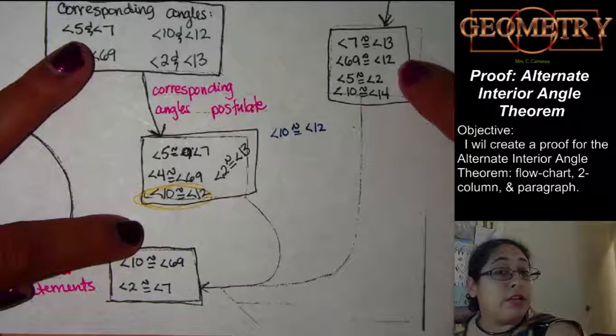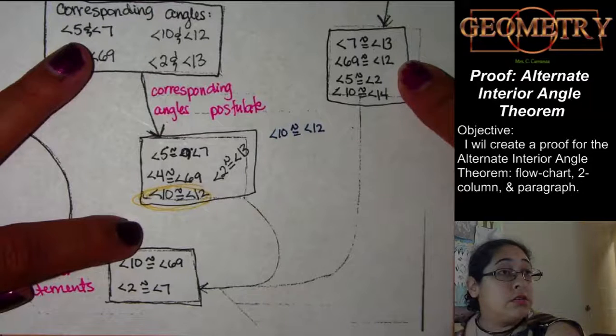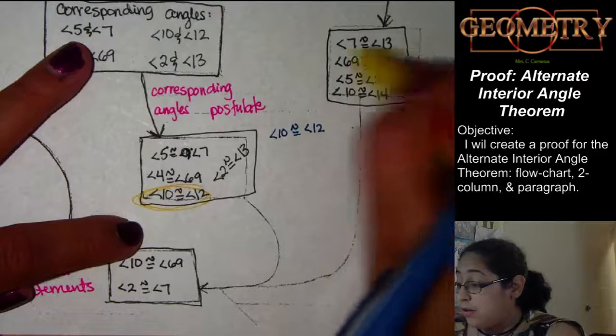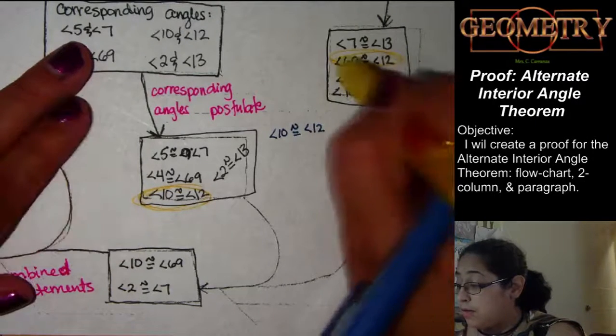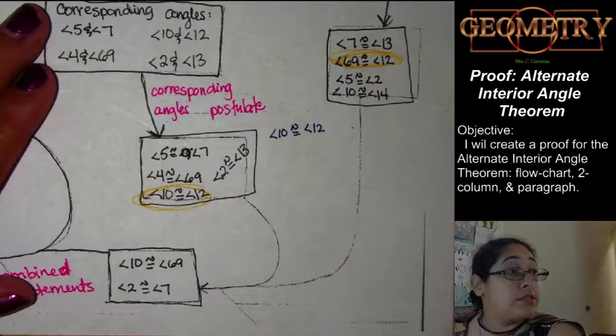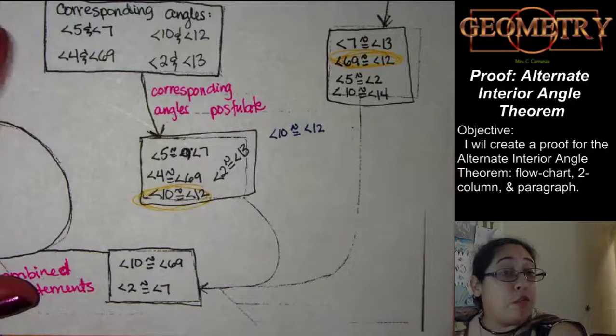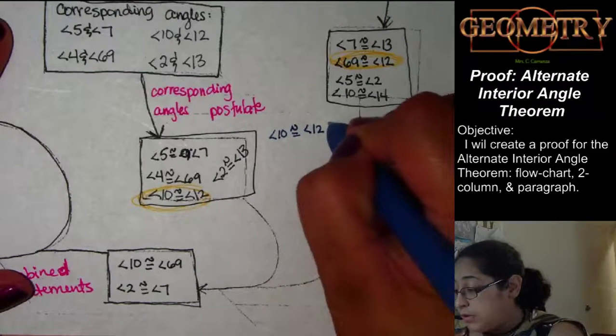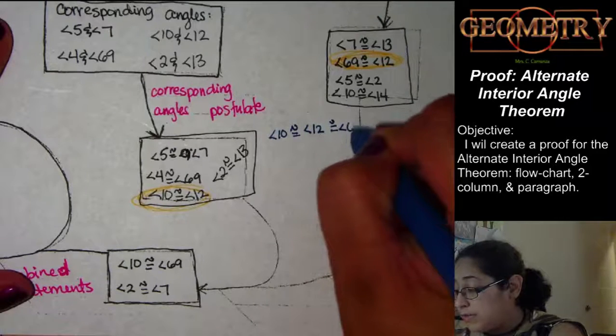I'm going to look at this other box. Do I have angle 69 sitting in there anywhere? Yes. Oh, I'm so sorry, I didn't move my finger. That one, there it is. I have, according to that, angle 12 is congruent to angle 69.